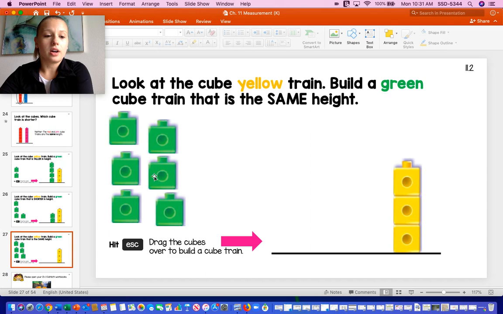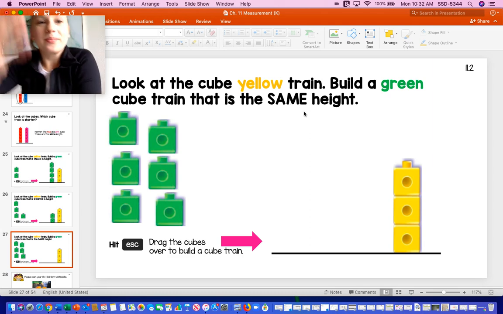Let's look at our next one, our last one. Look at the yellow cube train. Build a green cube train that is the same height. Same height. I want you to notice something special. If I sound out this word same, s, a, but uh-oh, who is it?